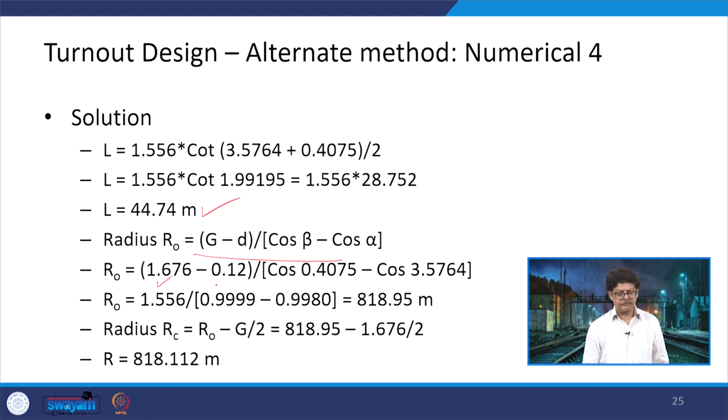Again, if we put the values of G, D, beta and alpha and calculate, we get R naught as 818.95 meters. The radius of the central line on the turnout is R naught reduced by G by 2, that is 1.676 divided by 2, and we get 818.112 meters as that value. So, here this is basically RC.